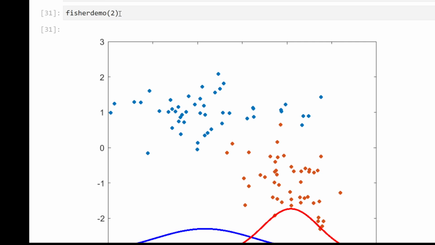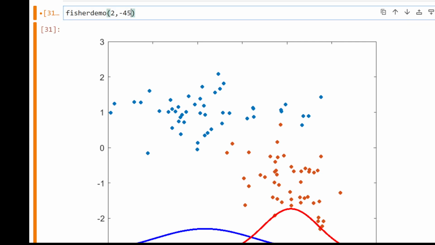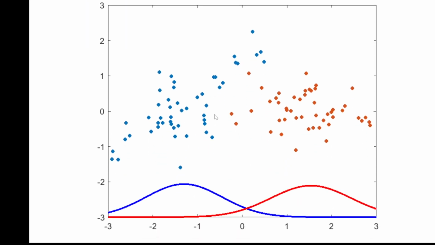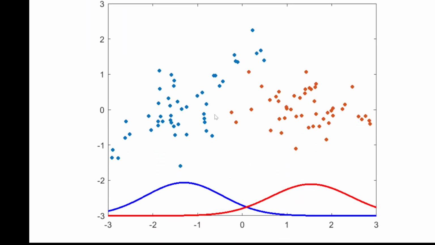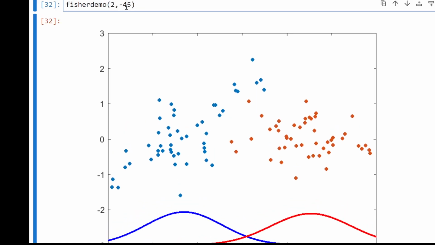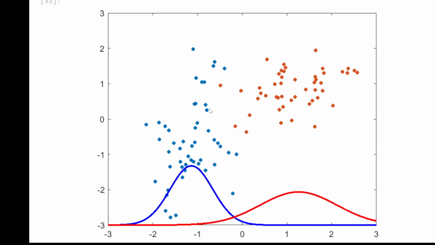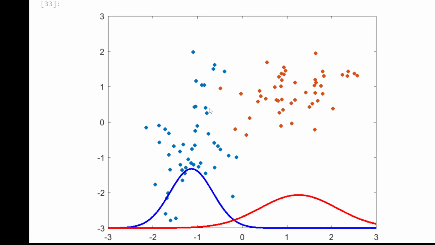If I try again rotating it off to the left a little bit, it's maybe a little bit better, but you can kind of convince yourself that there's no place I can turn this data that is going to result in these distributions not overlapping at all, right? So what I have to do is just do the best I can, right? And that's what I'm going to mathematically pose for you now, what is the nature of doing the best that you can. I want to have very little overlap between the distributions if possible and push them as far apart as I can and get them to be nicely well clustered, okay?